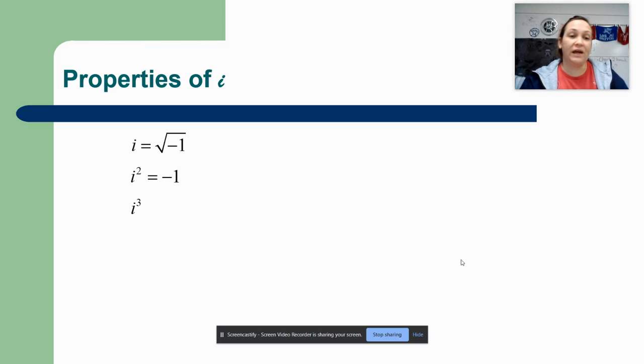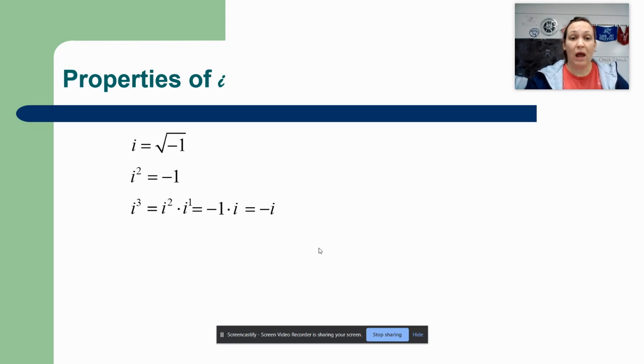So I can rewrite i to the third as i to the second and i to the first, since 2 plus 1 is 3. And I know what these two things are. I know that i squared is -1, and i to the first is just the number i. And so I've figured out now that i to the third is actually equal to -i.